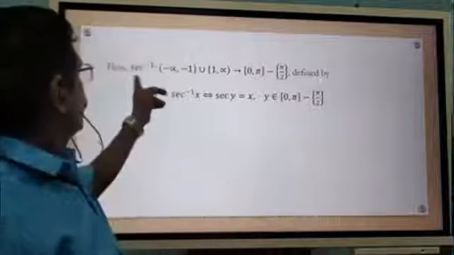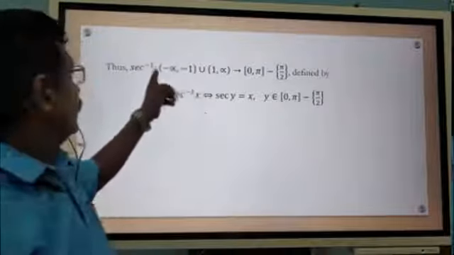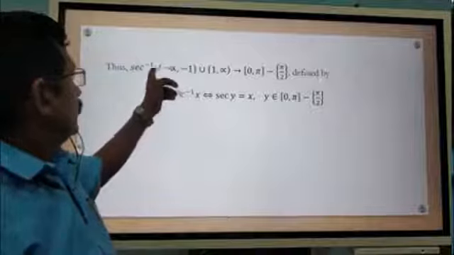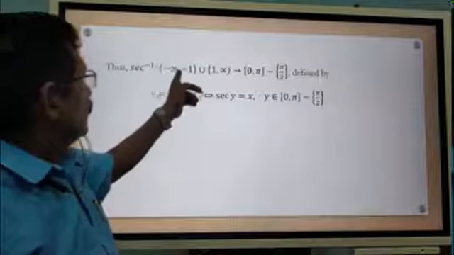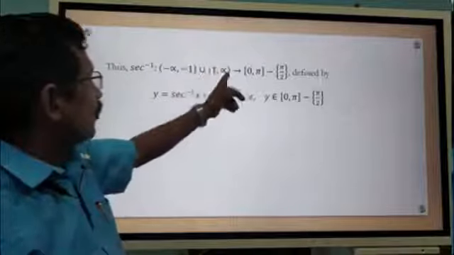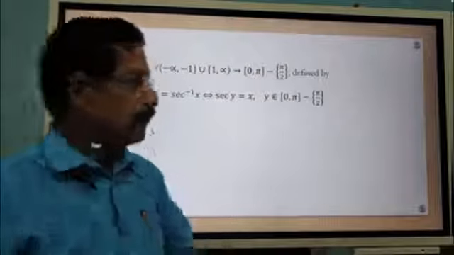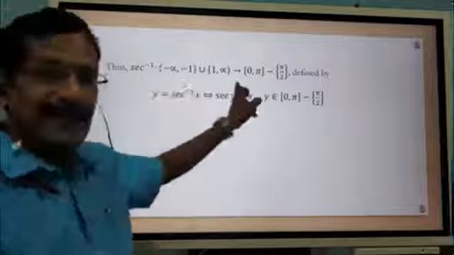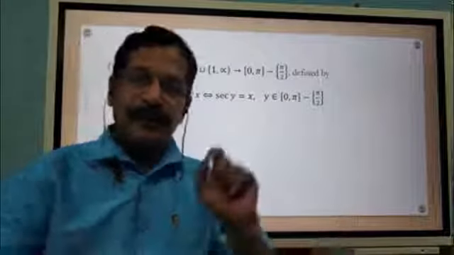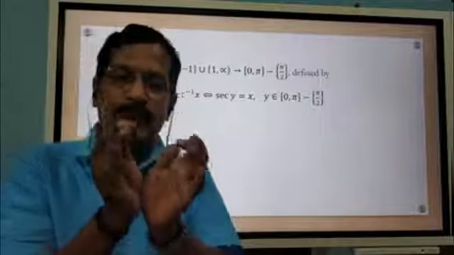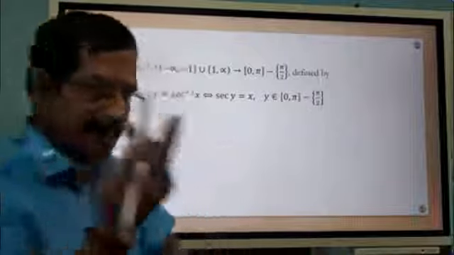The secant inverse is defined in such a way that secant inverse is from (minus infinity, minus 1] union [1, infinity) to the closed interval [0, pi] minus {pi by 2}. Dear children, this is another way of representing R minus the open interval (-1, 1).